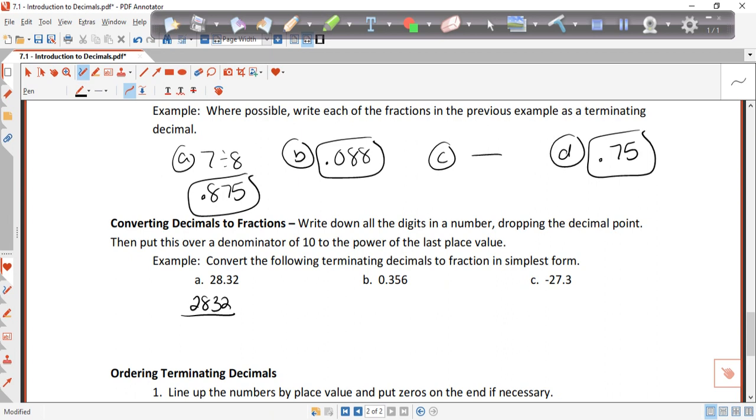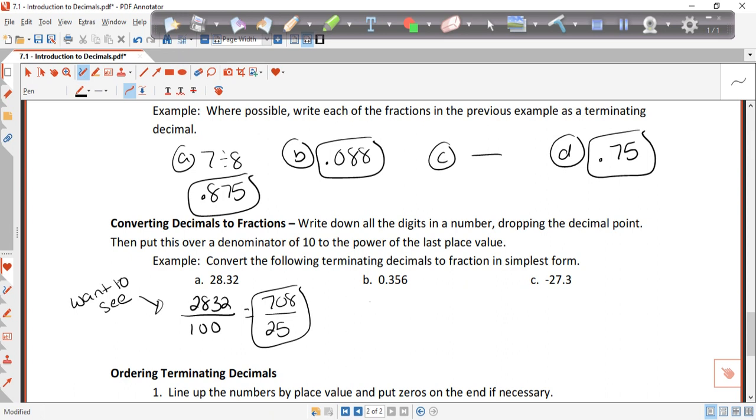The last is hundredths place, so this is going to be over 100. I want to see this because I want to see that you understand the place value there. Then you can use your calculator to do 2832 divided by 100, and use your math, enter to change it back to a fraction so that it is reduced. This would reduce to 708 over 25.